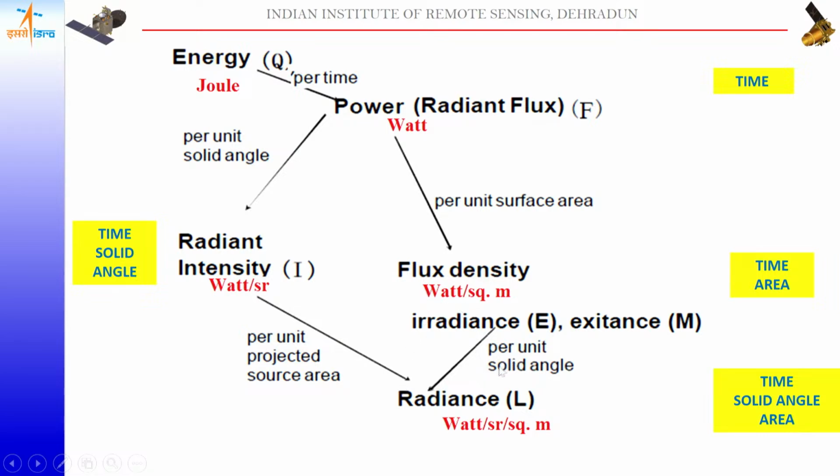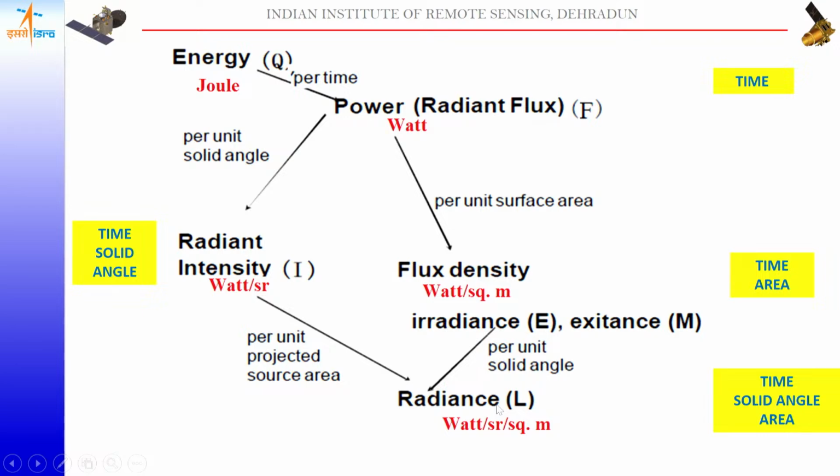Or you can move from the other direction, that is intensity per unit projected surface area. So this becomes radiance. This is the quantity that we generally measure using the sensors.